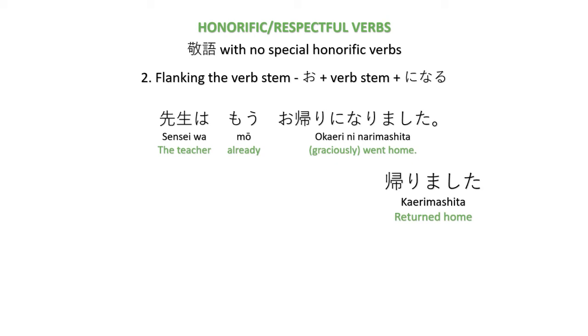We can just say 先生はもう帰りました. This is acceptable, but that is a polite form. When we want to give respect to the teacher, we can use the respectful verb, okaeri ni narimashita. Kaeri is the verb stem. The teacher already went home, graciously went home.